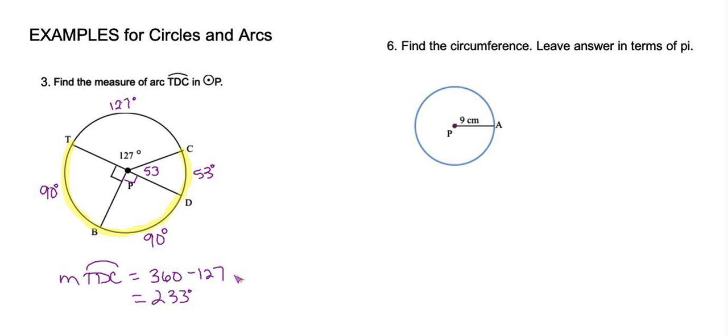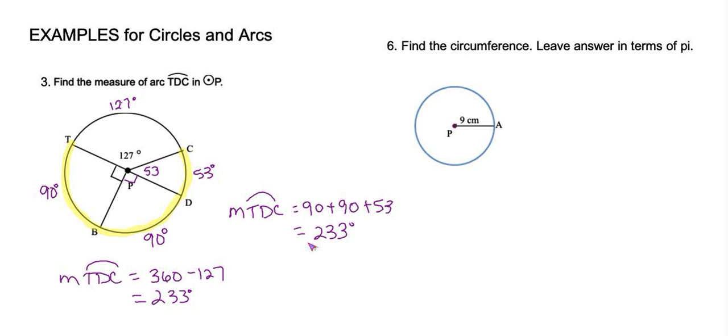That would be measure of arc TDC equal to 90 plus 90 plus 53. And notice that's going to give us the very same answer. So that's just two different ways of coming up with that arc measure.